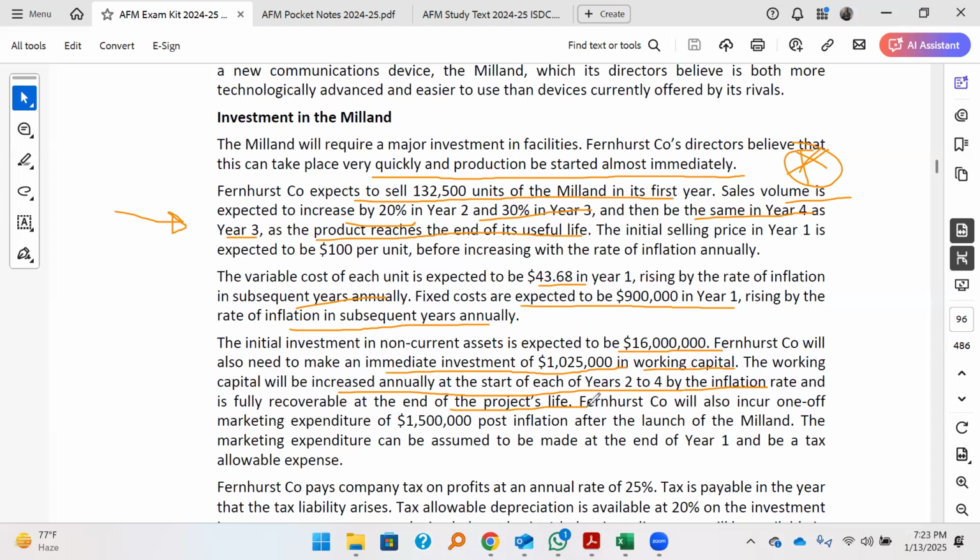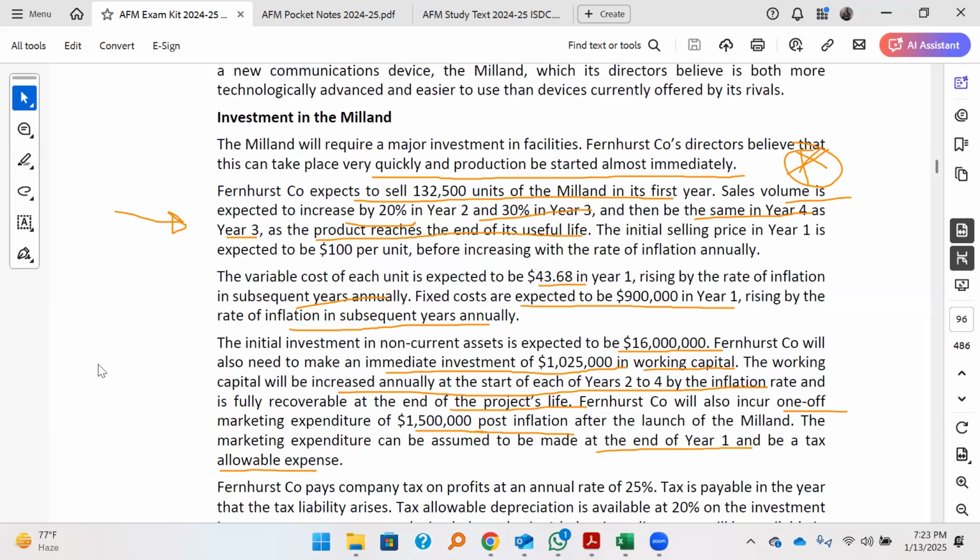So that is it with the working capital. Then they will incur a one-off marketing expenditure of 1.5 million post-inflation. So this one has already been inflated. It's after the launch of the Mirand, they are going to incur that at the end of year one, and it's tax allowable.